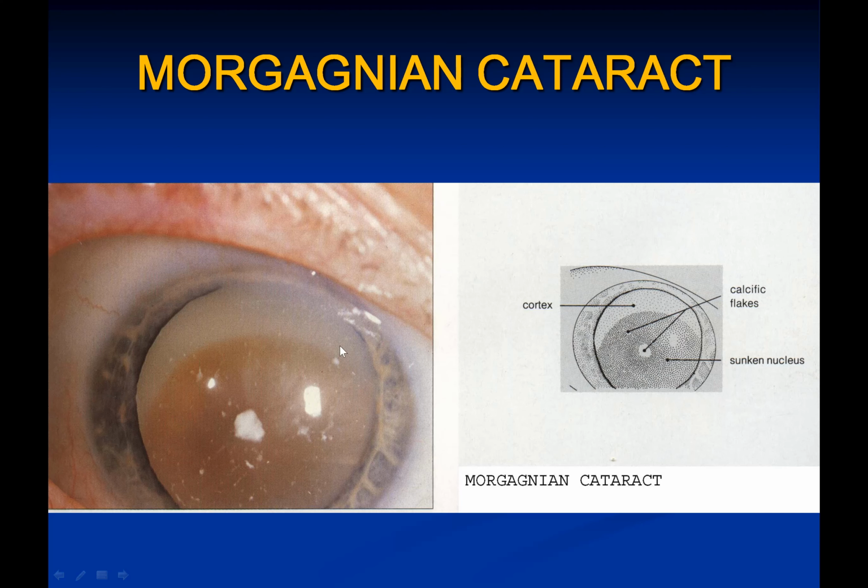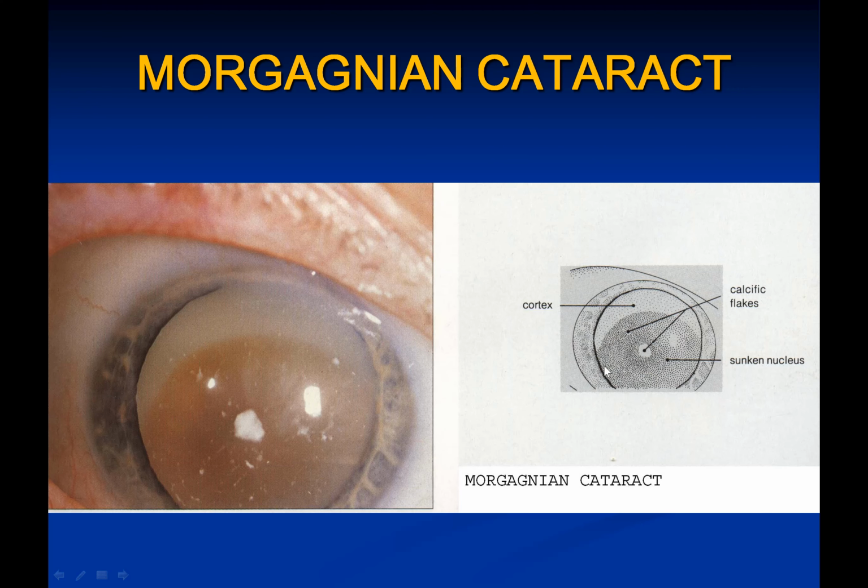This liquefied cortex makes the nucleus settle down inferiorly within the capsule. And see, this hard nucleus has developed calcifications. See in this diagram, there are calcific flakes because of hypermaturity. Calcium deposits appear on the surface of the capsule as well as in the nucleus itself. The cortex was converted into a solution with fine soluble proteins, and that's why the nucleus settled down just like a sunset.